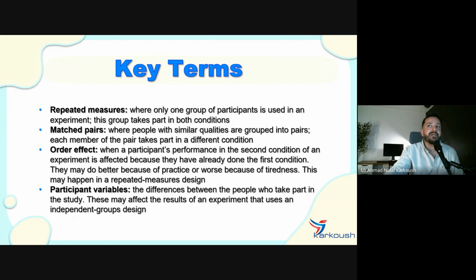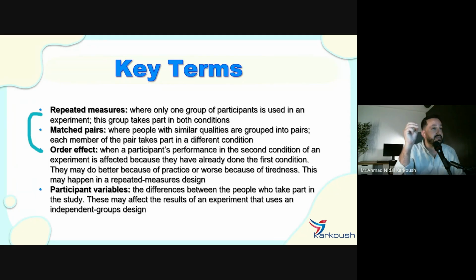Now, the order effect is something that I was just speaking about. I already spoke about the order effect when I was talking about repeated measures. The order effect is when a participant's performance in the second condition of an experiment is affected because they have already done the first condition. So this is related to repeated measures because I have the same group of people, and this group takes part in both conditions.